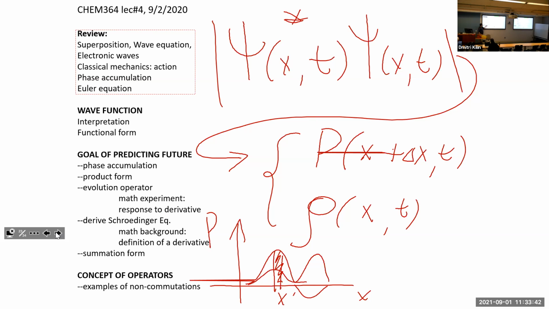So it is basically what I just said. If you know the wave function, we take the conjugation, multiply it by the wave function without conjugation, and we get the probability distribution. It is the probability to find the electron in the space from x to x plus delta x at time t.